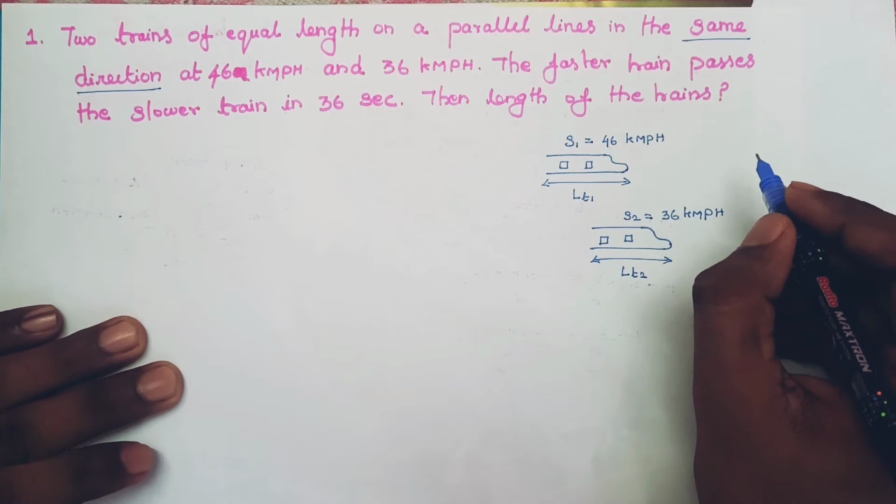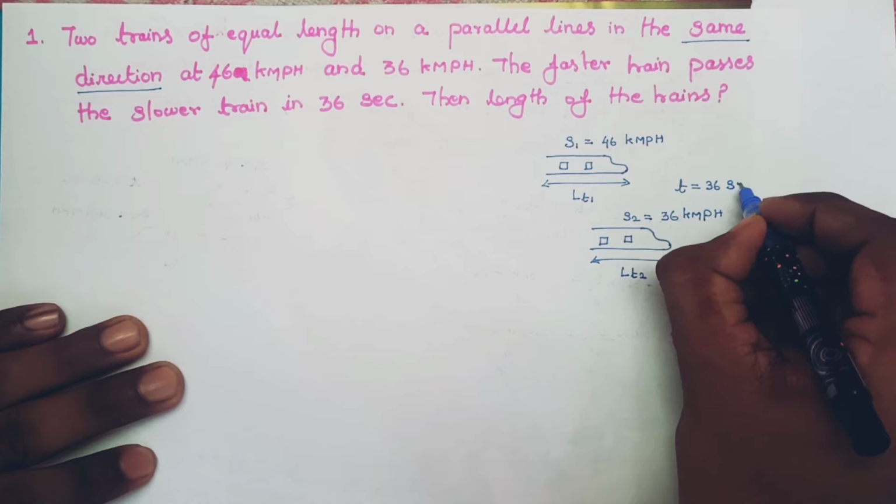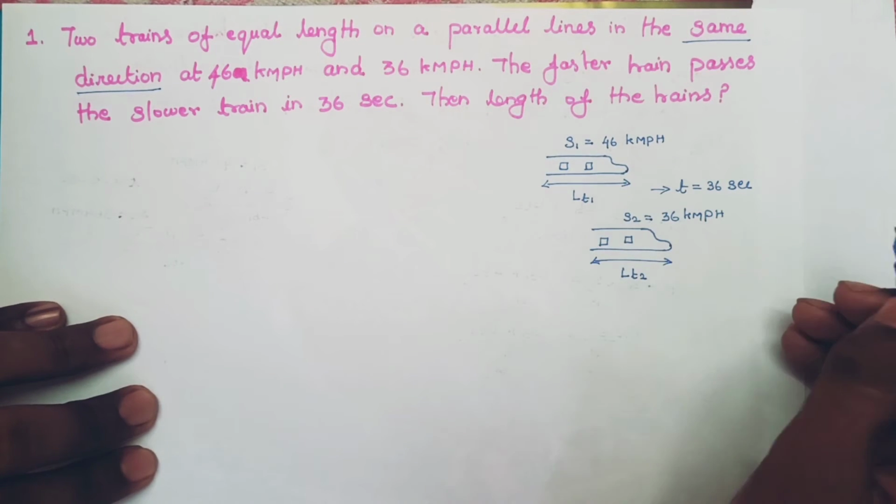The faster train passes the slower train in how many seconds? T equal to 36 seconds is given here. So both the trains are in the same direction.